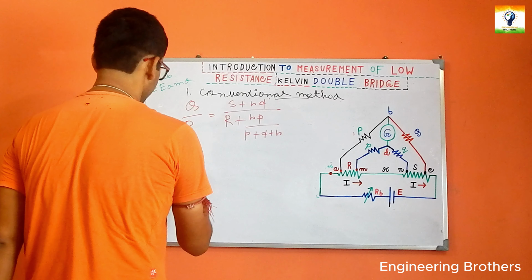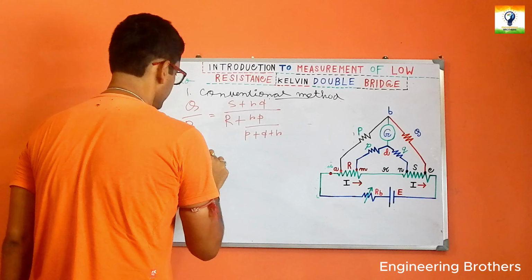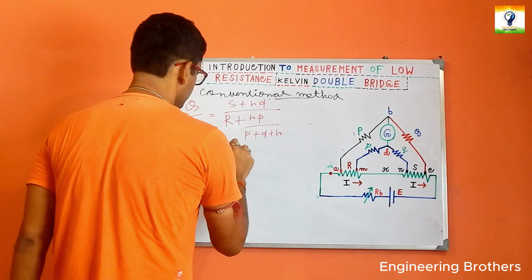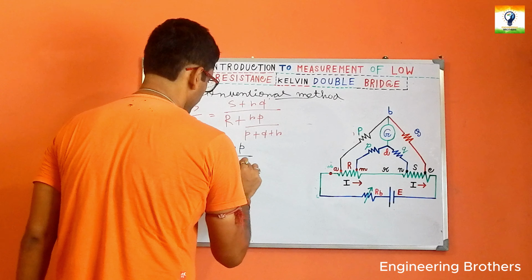Now you can see, if you cross multiply that, we have qr plus q small r p divided by p plus q plus r. For the other side we have ps plus, I think we have missed a portion here, which is small r by q divided by small p plus small q plus small r.